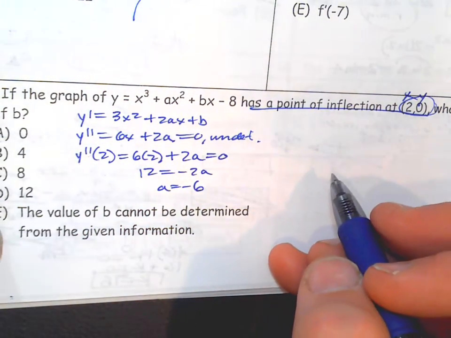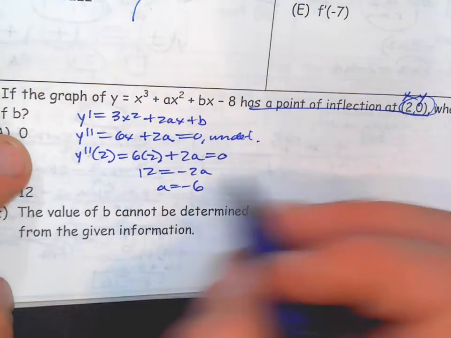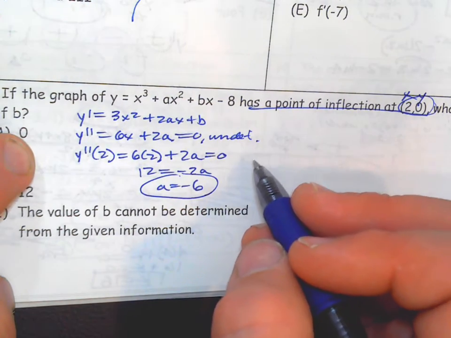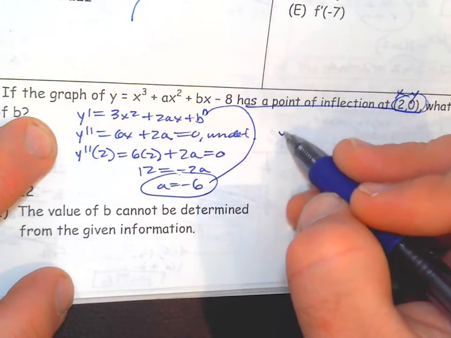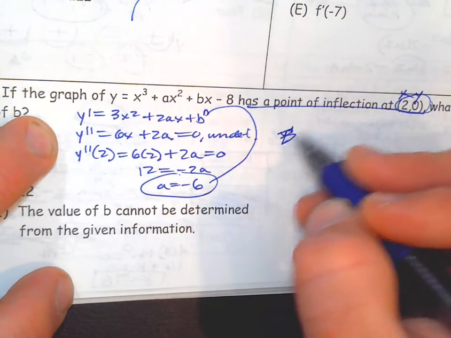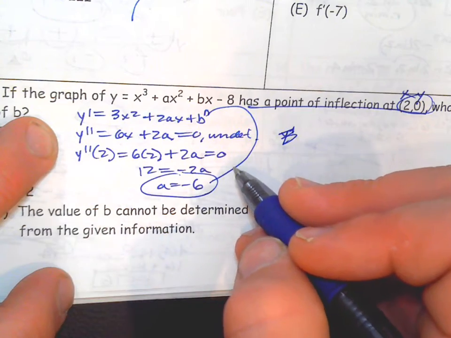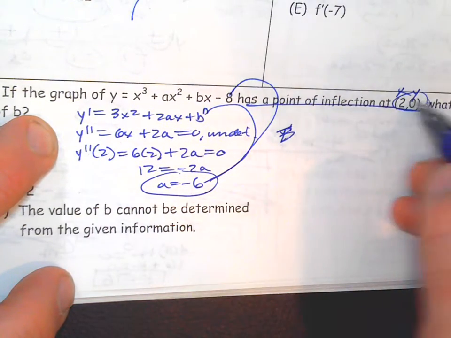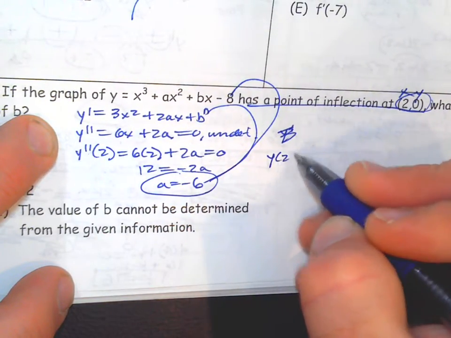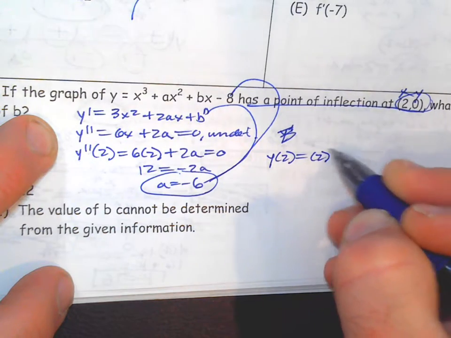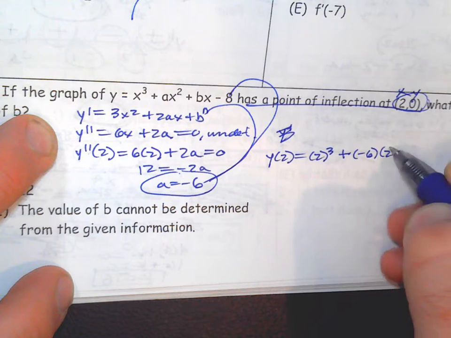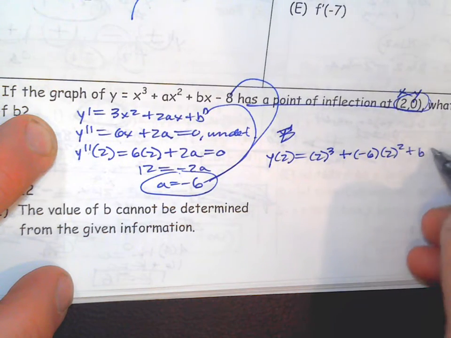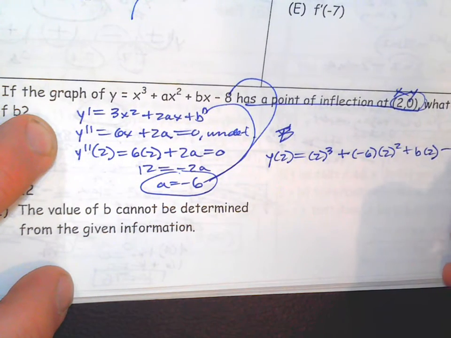But they're not asking for a, they're asking for b. So then you would plug this back in to that equation, because y prime, well, no, we plug this back into the original equation because we have an xy value. So when x equals 2, and you plug 2 in here, and we found a was negative 6, you plug 2 in, and then it's got to equal 0.